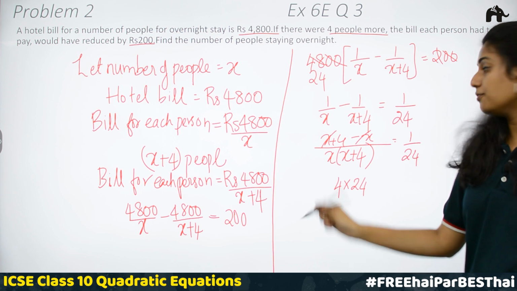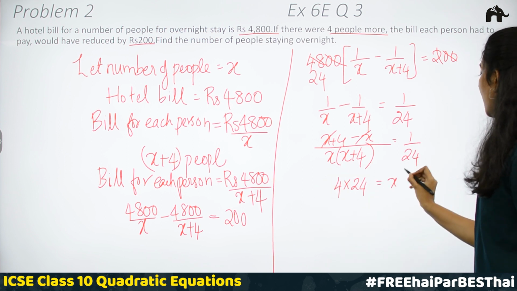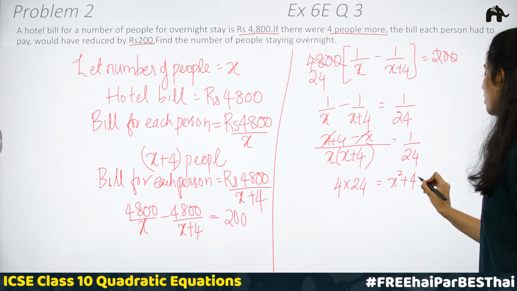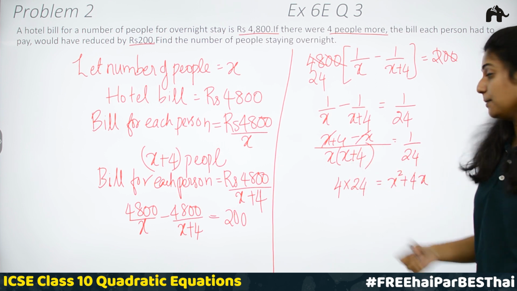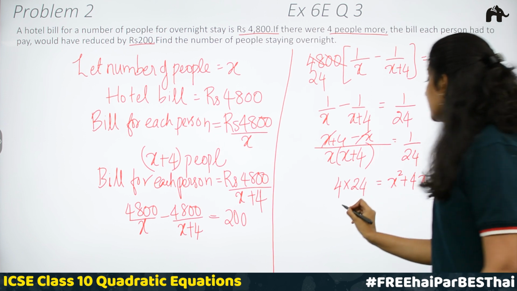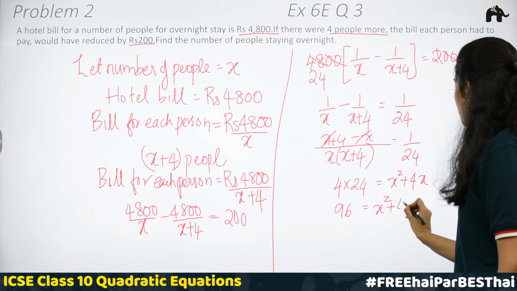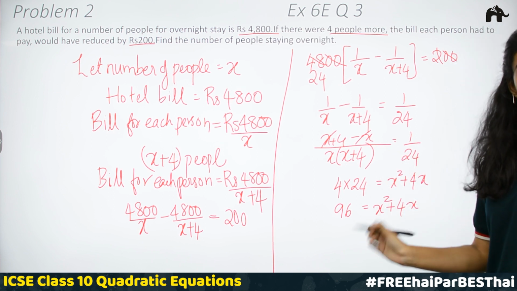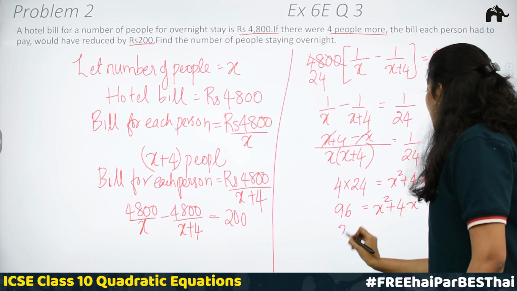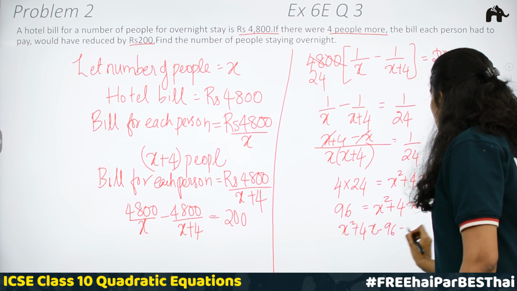Cross multiplying, 4 into 24 is equal to x square plus 4x. Removing brackets and multiplying, 4 into 24 is 96. 96 is equal to x square plus 4x. Rearranging this to get the quadratic form, x square plus 4x minus 96 is equal to 0.